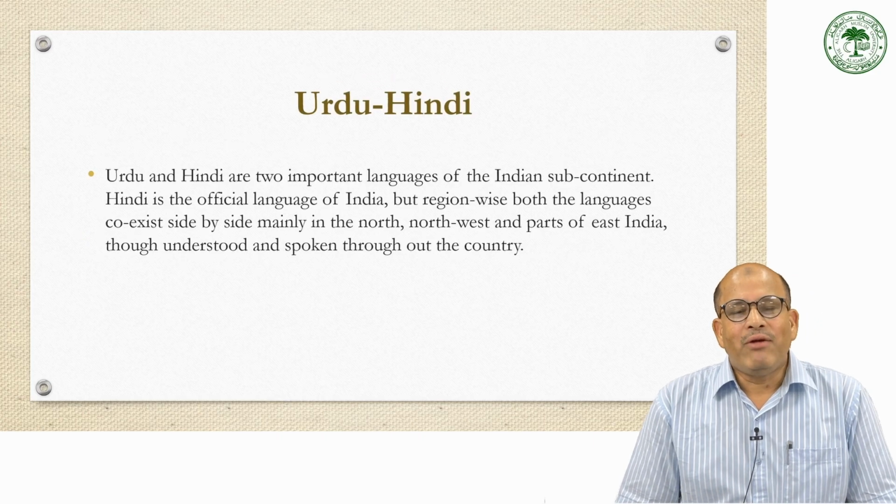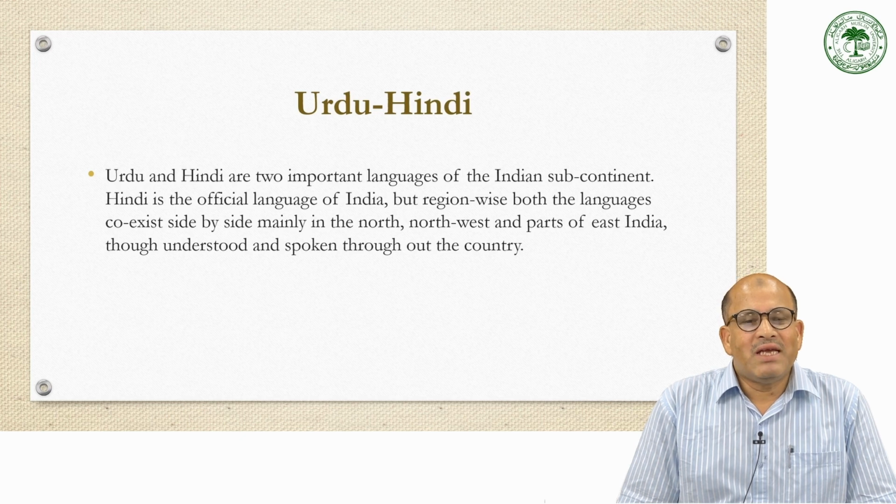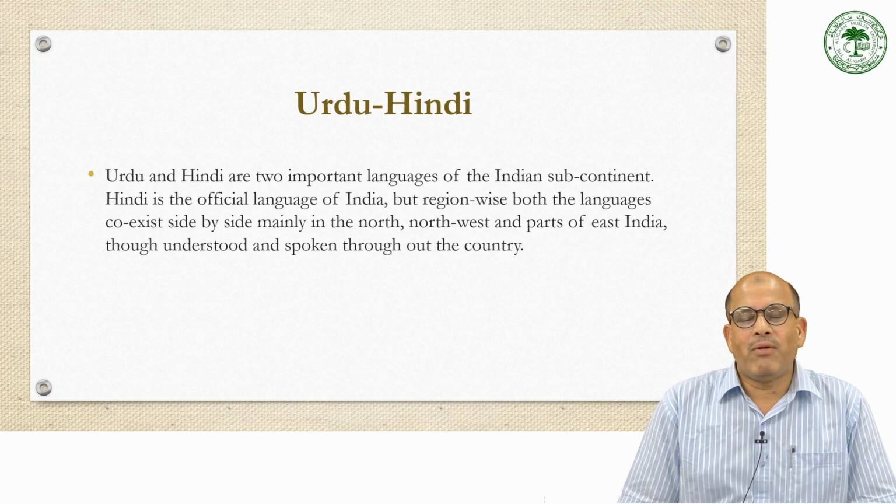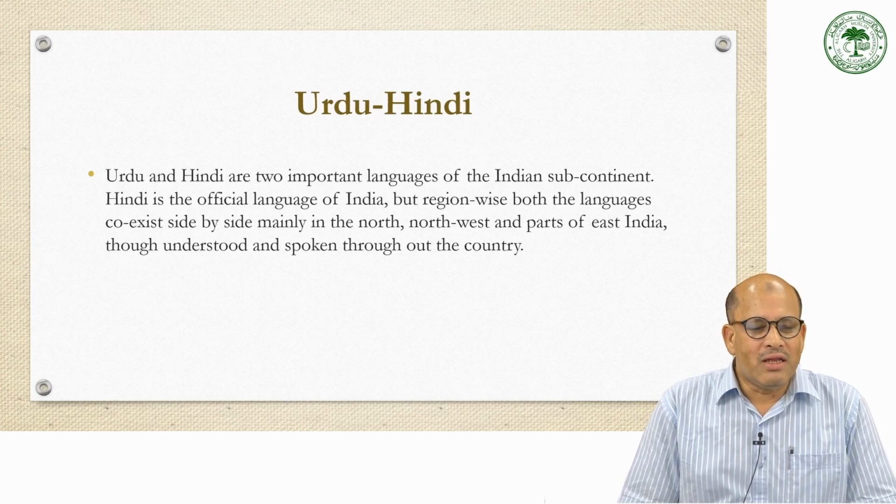After knowing the language, our topic is morphology of Urdu and Hindi. So we must know some interesting facts about the languages Urdu and Hindi. Urdu and Hindi are two important languages of the Indian subcontinent.